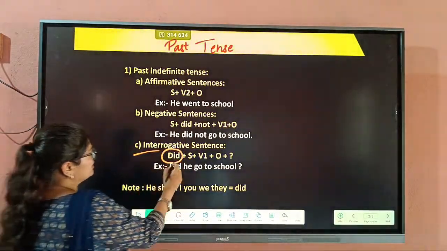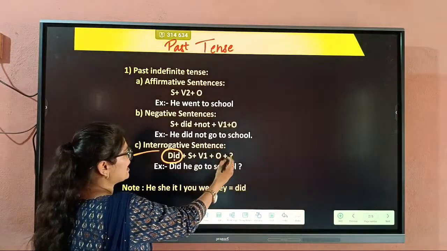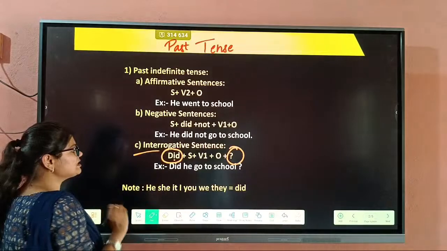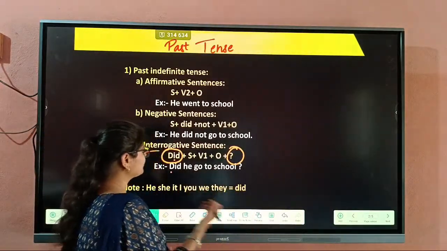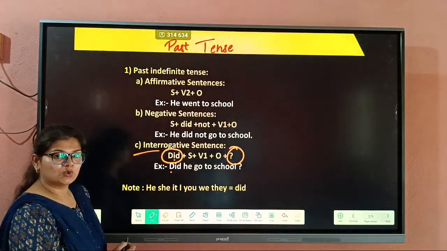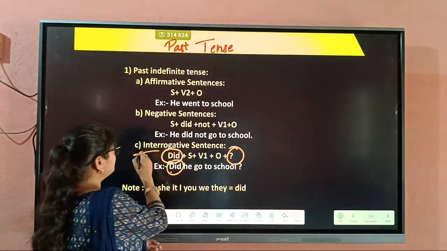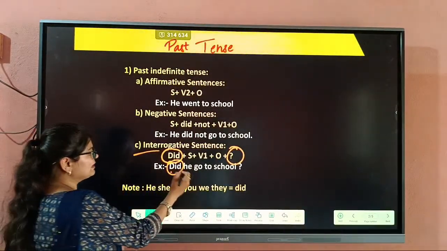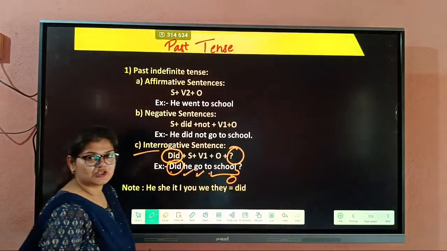Did plus subject plus verb's first form plus object, and the question mark is important here in the interrogative sentences. Now, the example is, did he go to school? Because in the interrogation, the helping verb comes forward and then the subject, then the verb's first form, then the complete object.